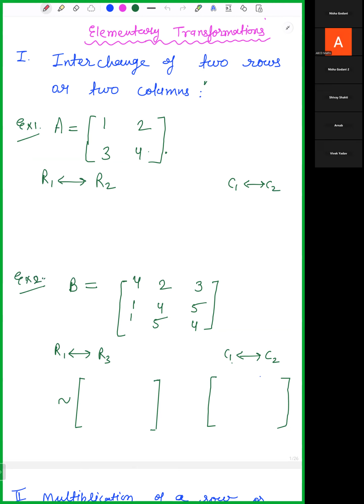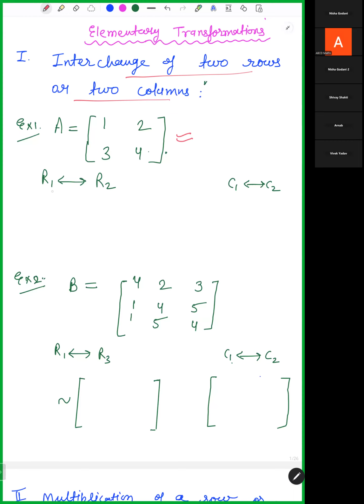The first one is the interchange of two rows or two columns. So if you have a matrix, the first operation that you can apply is interchange of two rows. Suppose for this given matrix, you have to interchange row 1 and row 2. First thing: R1 means row 1.